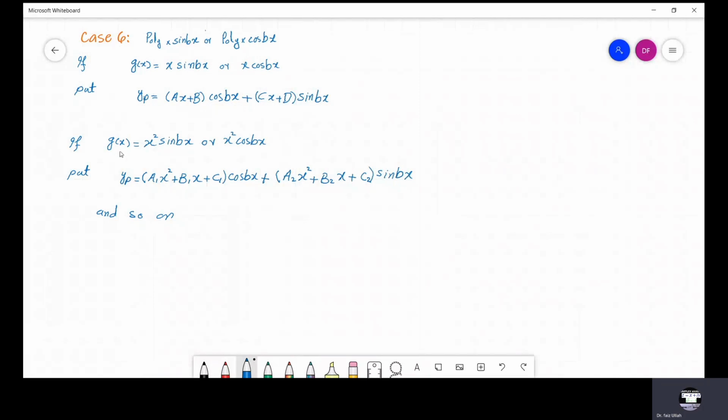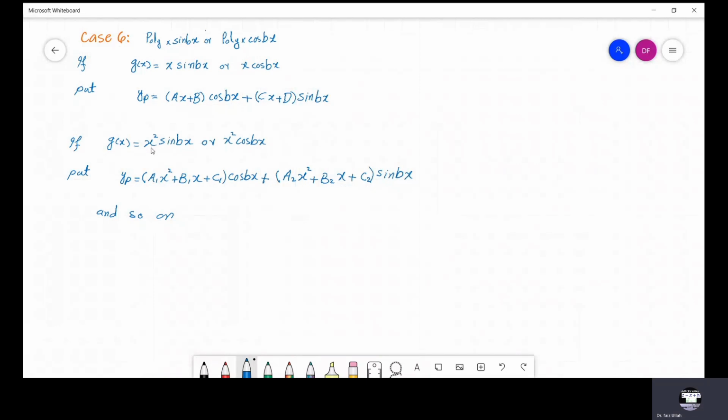Now let us see if g of x is the product of a second degree polynomial, x square sine bx or x square cos bx. Then we shall put yp is equal to (a1 x square plus b1 x plus c1) cos bx plus (a2 x square plus b2 x plus c2) sine bx.